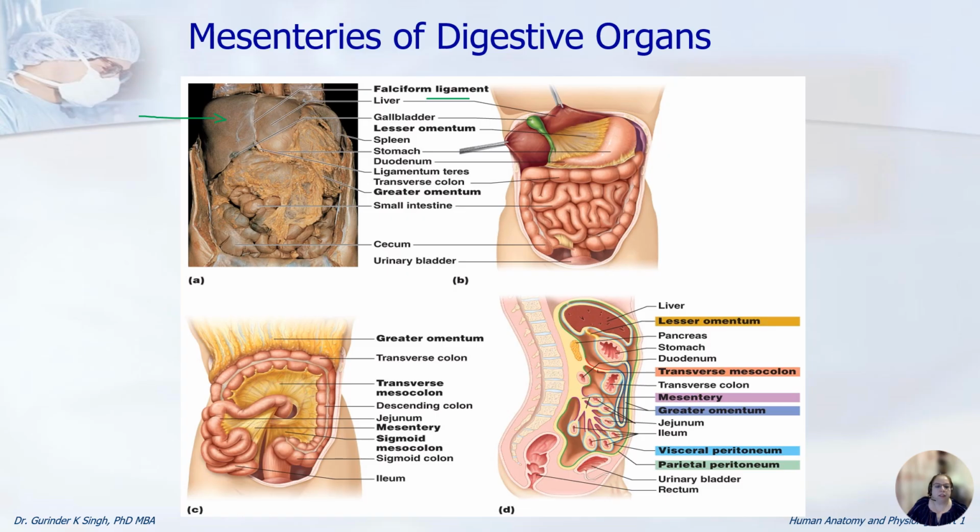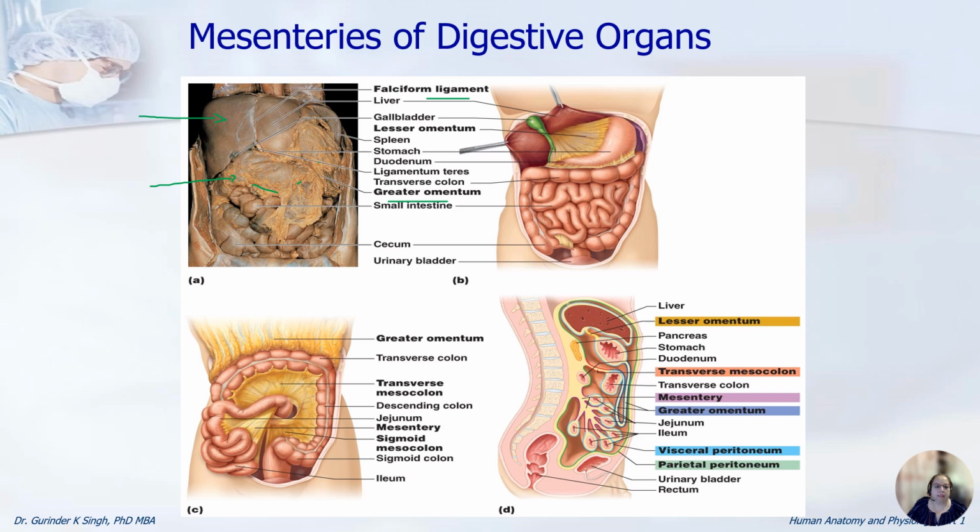Okay, you see this cloud-like little sheet-like structure that has fat inside it. This actually is known as the greater omentum. Okay, so these are layers of peritoneum, and omentum means an apron, it is falling at the front. Okay, so this is the greater omentum.